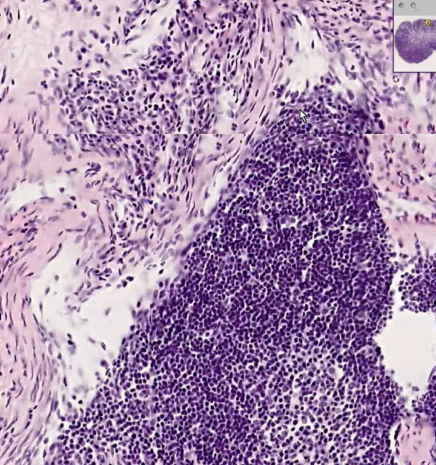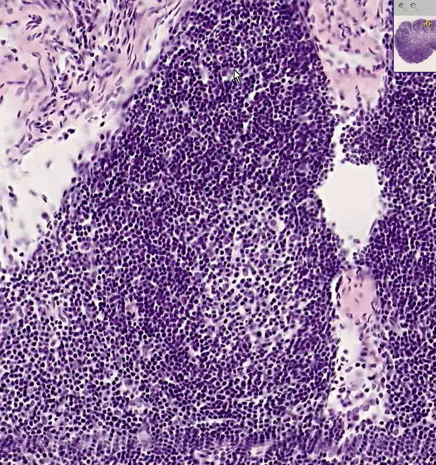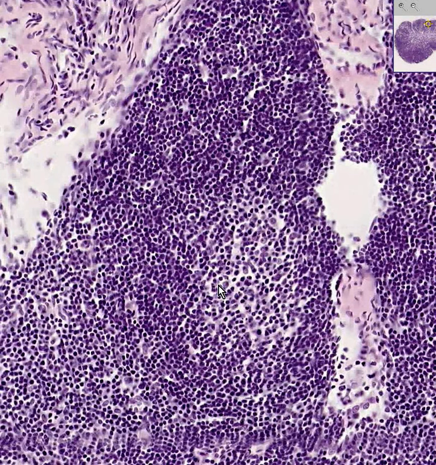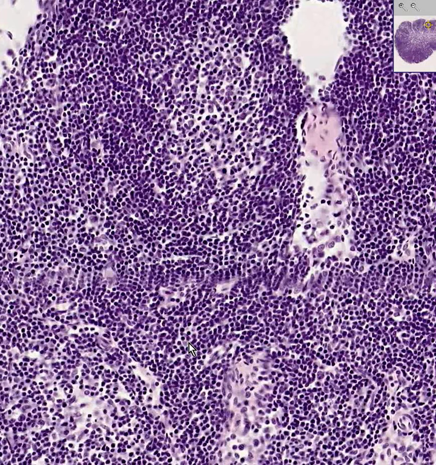So let's review some of the cells. Here are fibroblasts and collagen fibers. Here is a lymphoid space, probably a subcapsular sinus. These are probably 100% lymphocytes, maybe some of them looking more like classical plasma cells, which we will discuss later.